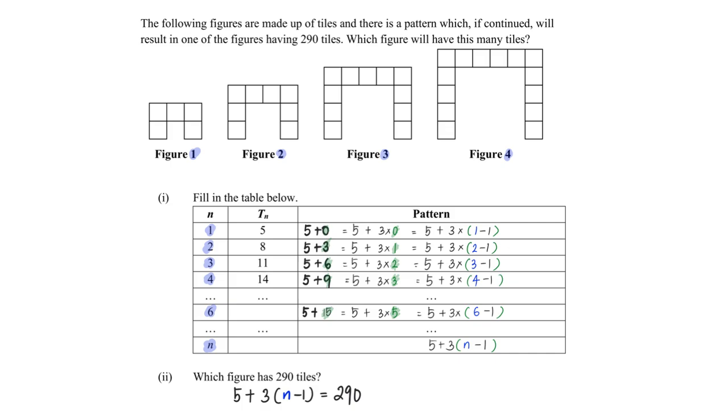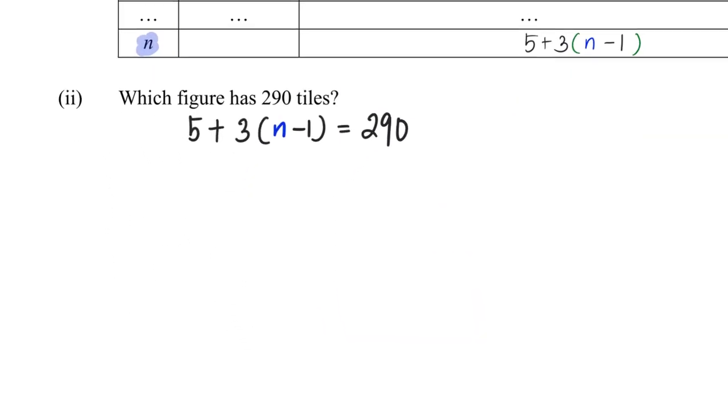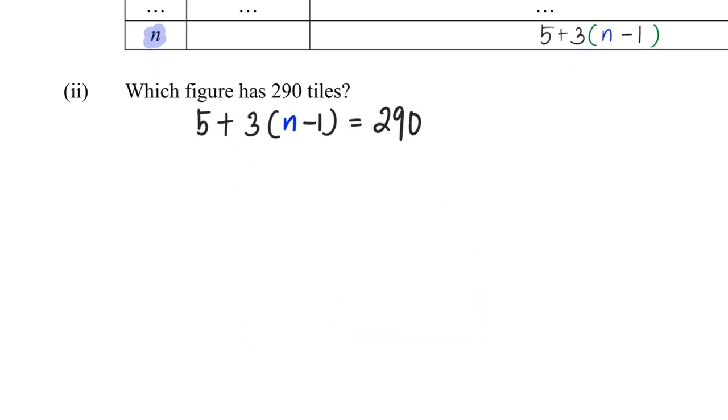And I'm going to just create some space down here and focus on solving this. So I will have 5 plus, I'm going to expand and simplify. So I will have 3n minus 3 equals 290. So continue.